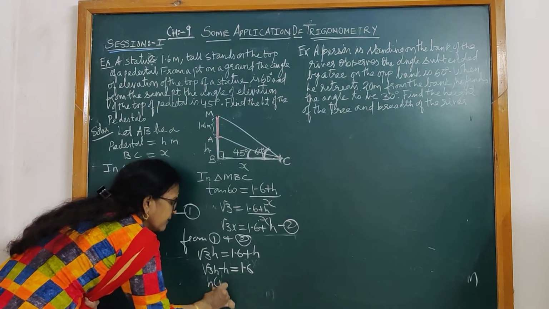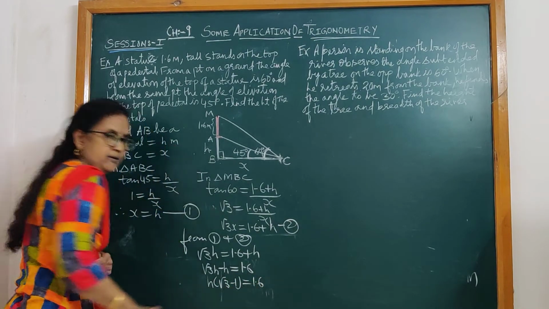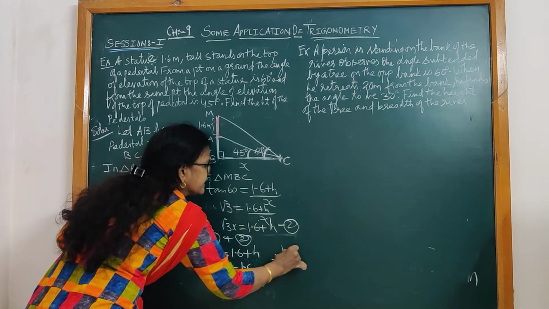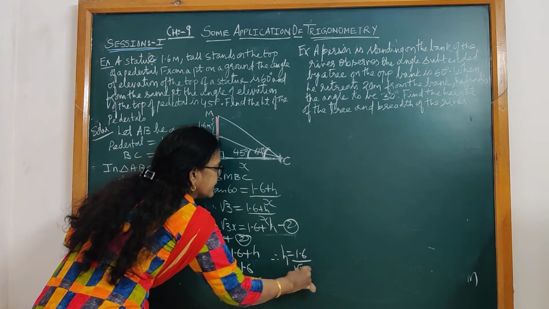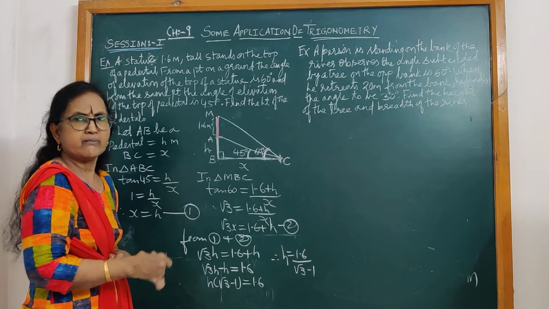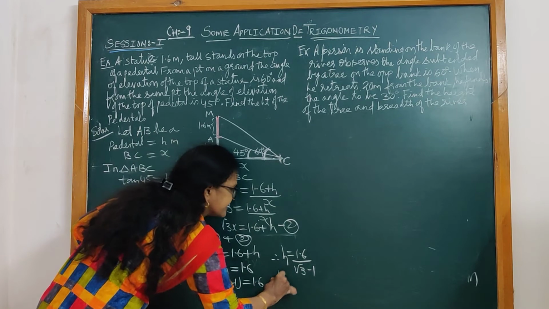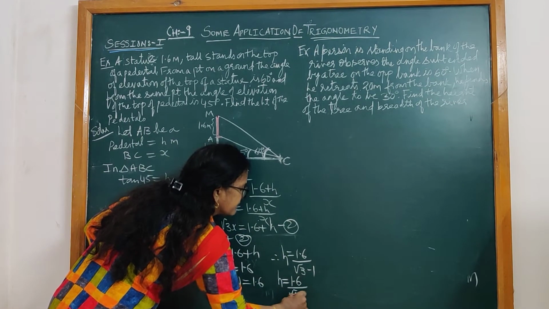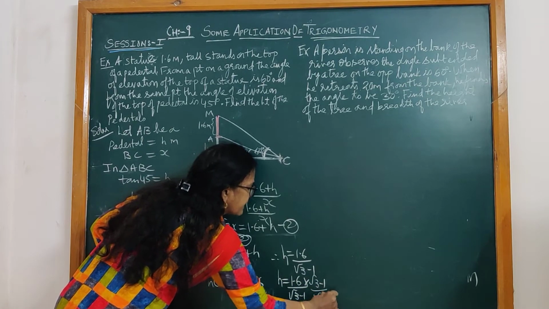So h common, root 3 minus 1 is equal to 1.6. Therefore, h is equal to 1.6 upon root 3 minus 1. Again you got an irrational number which should not be in the denominator. You can rationalize it. So we will rationalize it. H is equal to 1.6 root 3 minus 1 into root 3 minus 1 upon root 3 minus 1.